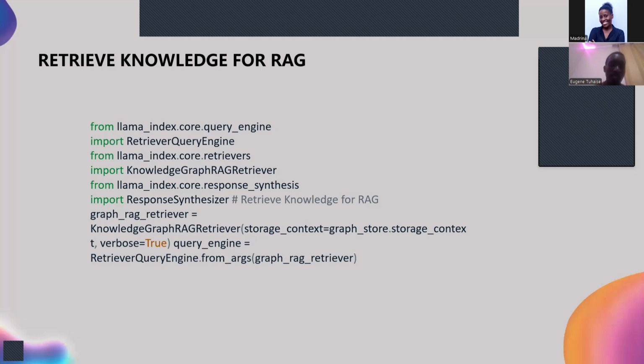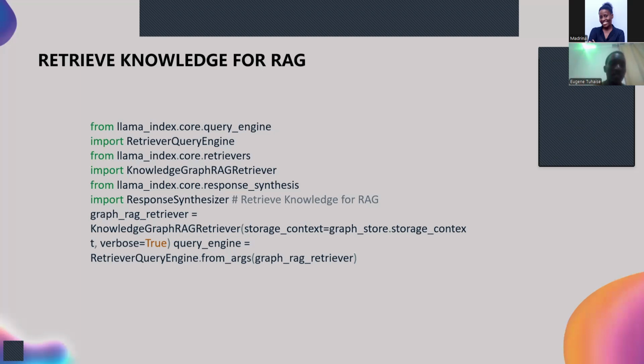Then we are going to create an instance. So to use these tools, we are going to create an instance based on the knowledge graph RAG retriever. And you can see we are passing the storage context, which is based on the graph store dot storage context. So basically we are connecting to the Neo4j database that we created in the previous steps. Then we are going to obtain the context from the data chunks that were stored in the database.